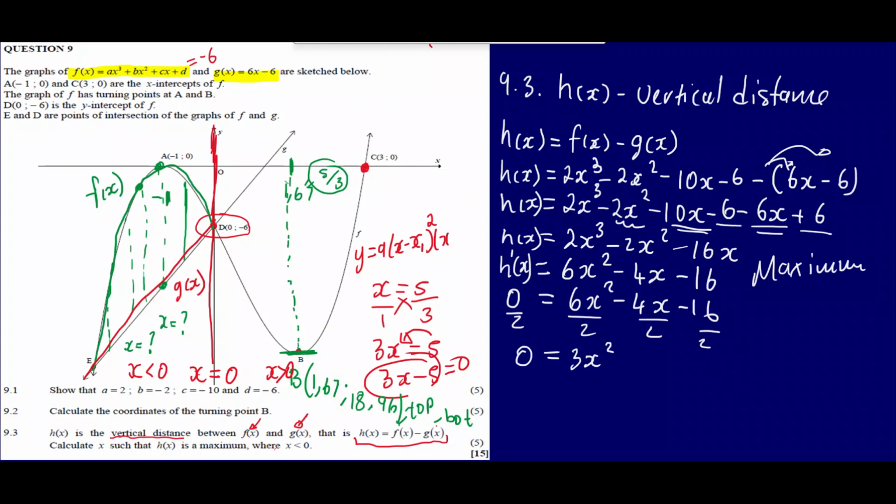Just to simplify this, we'll get that the answer here is going to be 3x squared minus 2x minus 8.